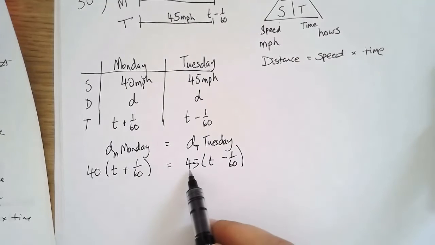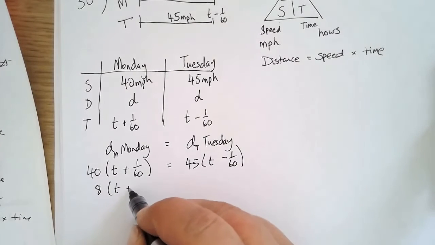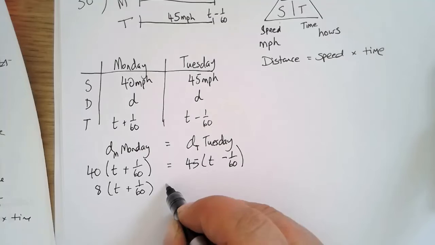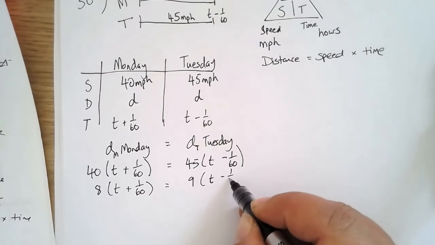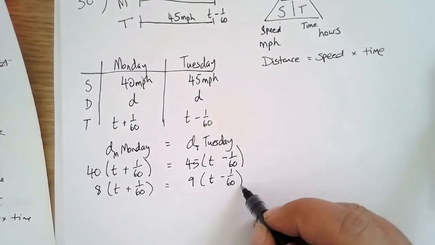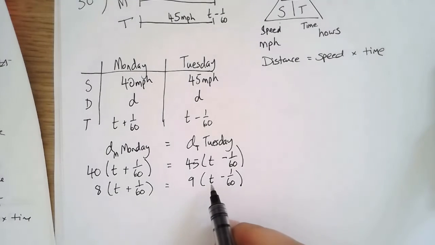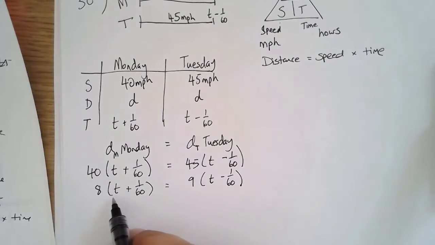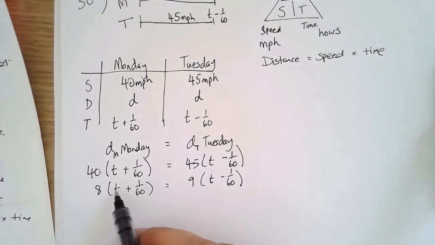I see that there's a factor of 5 in here, so I can simplify that. I'm then going to remove this fraction by multiplying this term and this term, every term in the bracket, by 60. Because this is a multiplication symbol, I can just multiply everything in the bracket.